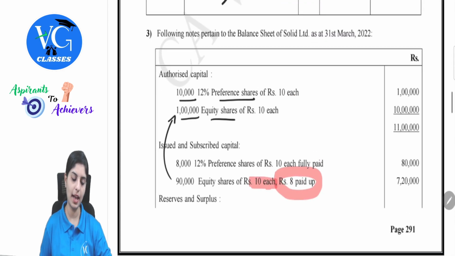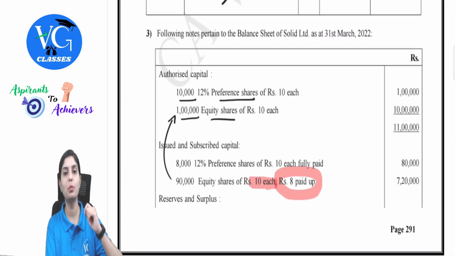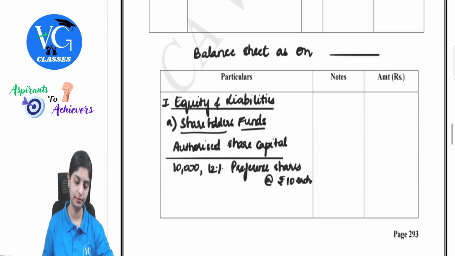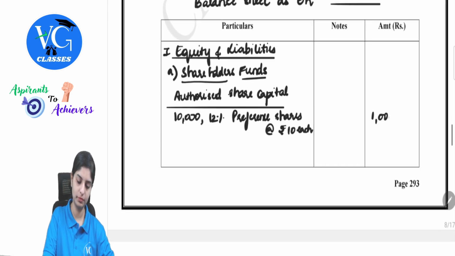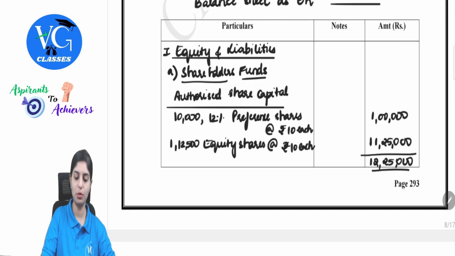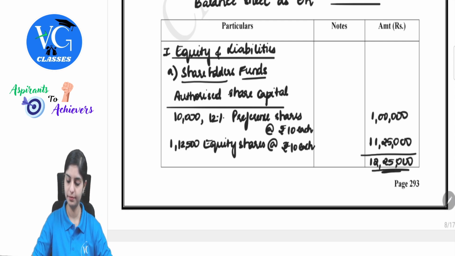And then further we have 1 lakh, which is now increased to 1,12,500 equity shares at 10 each. So this will be 11,25,000. This will be total authorized capital.